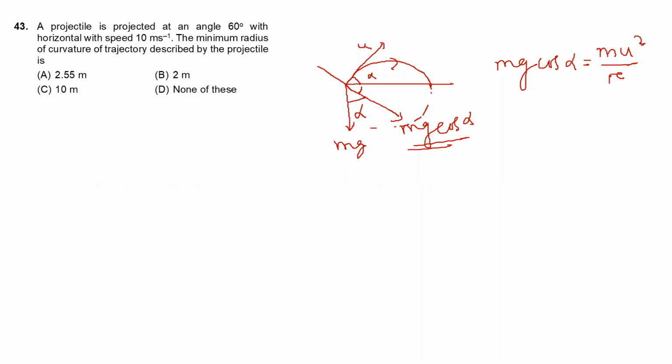We are interested to find this radius r. The projectile is only taking acceleration due to gravity. So mg cos alpha is equal to mu square by r, and from there I can find r. R is equal to u square by g cos alpha.